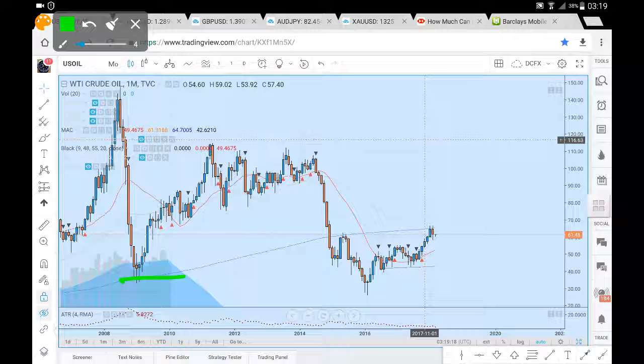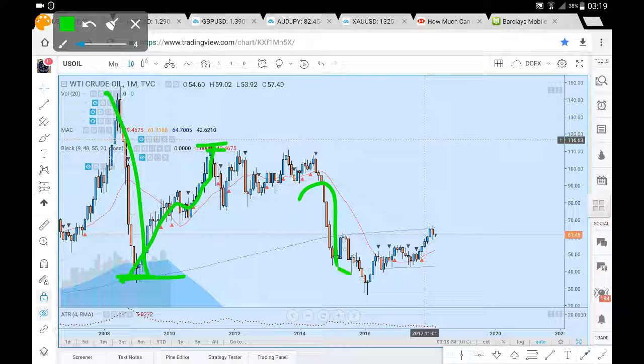So the 200 period moving average here on the monthly chart acted as support after this very strong sell-off from $140 a barrel for a move back upwards towards slightly below 120, just above the 110 region.